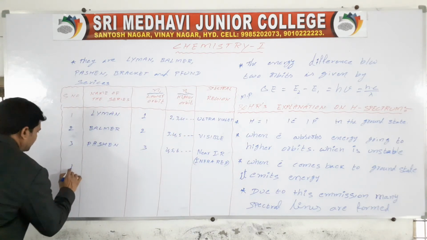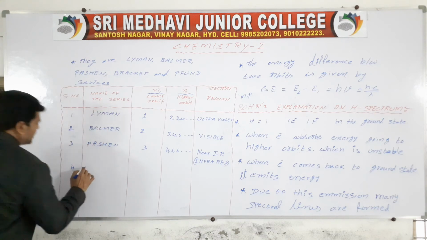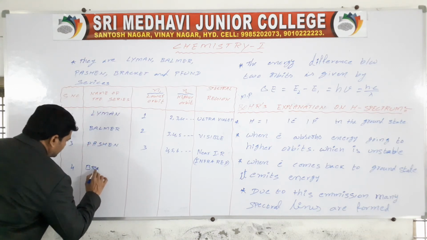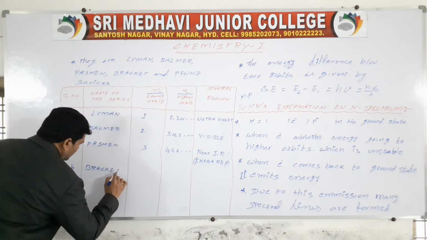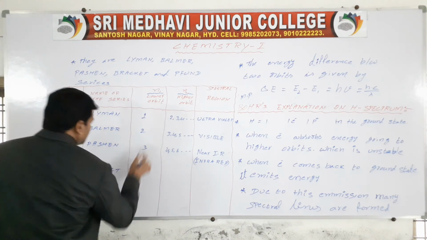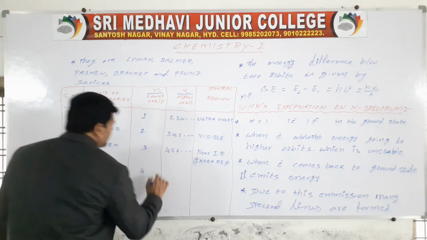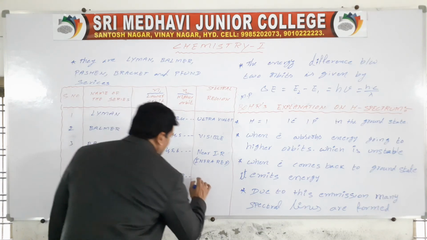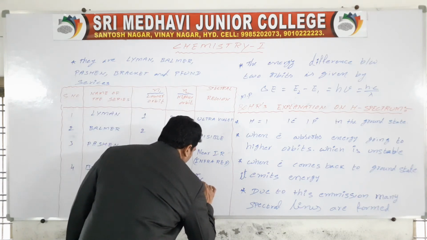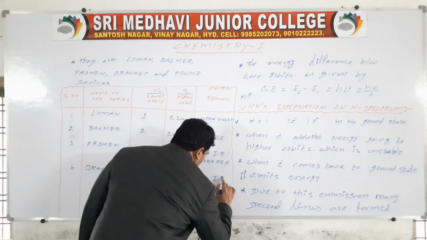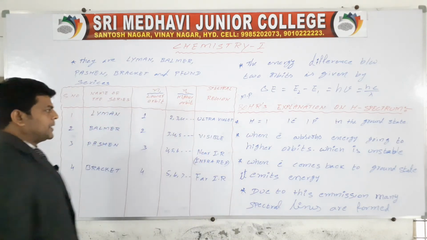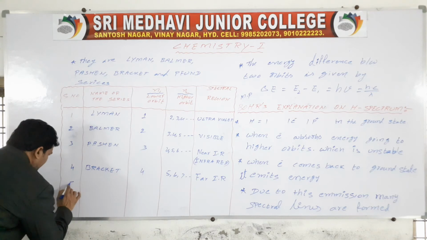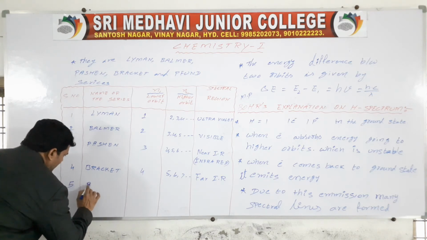Next one is the fourth series, Brackett. So here N1 is 4, next 5, 6 and 7 and so on. It is far IR.